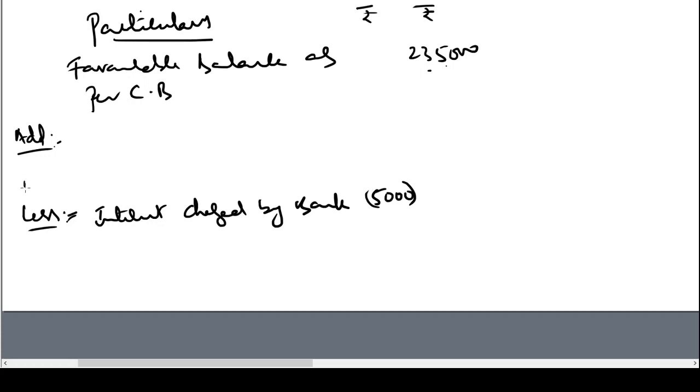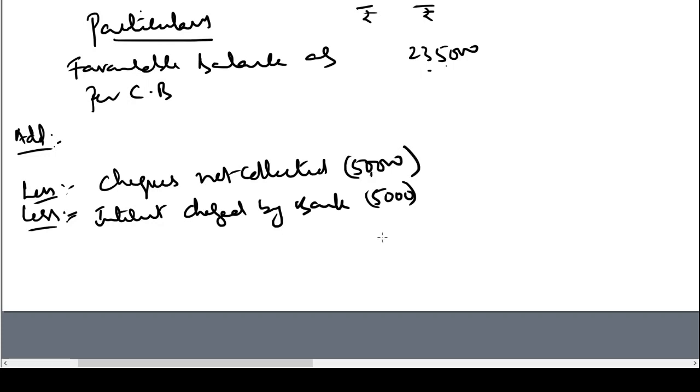Next, there is one more less item. Checks not collected, 50,000. This we have recorded as a deposit in our books, but the money has not been collected yet. So we have unnecessarily increased the balance as per the books of the business. So we have to reduce this.